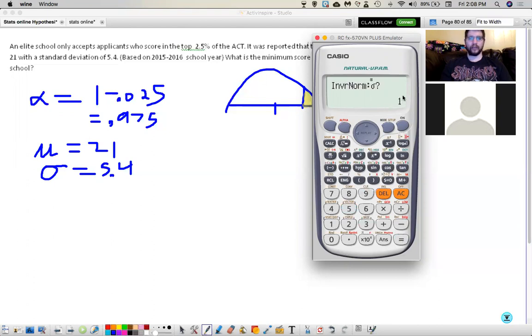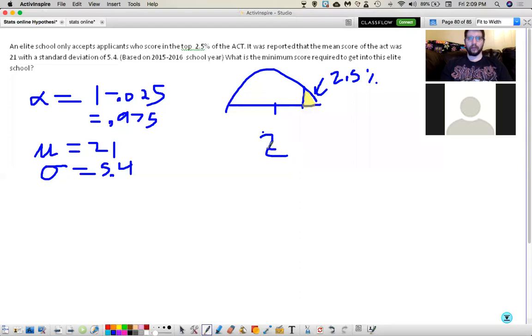The standard deviation is 5.4, and the mean is 21. So 31.58. However, you can't have a 0.58 on the ACT, so it's 32. So that would be the answer. It would be 32.